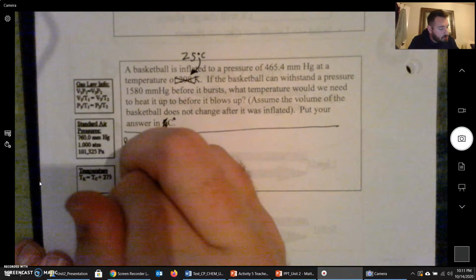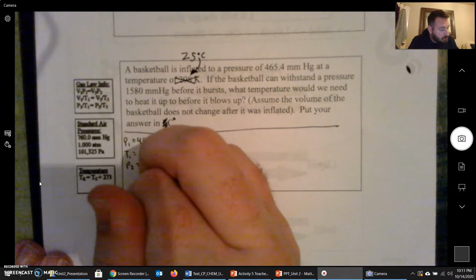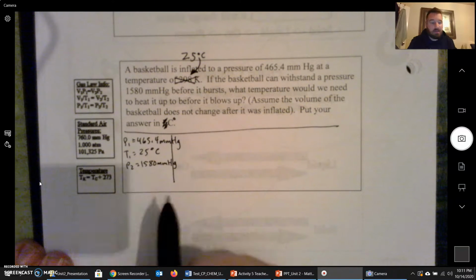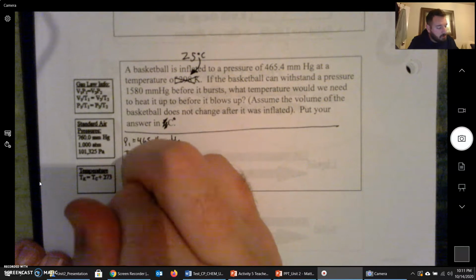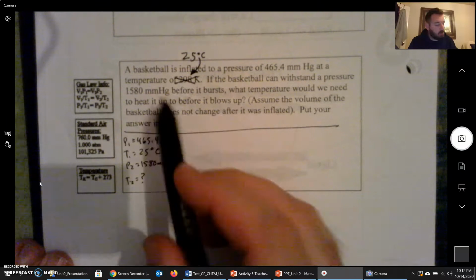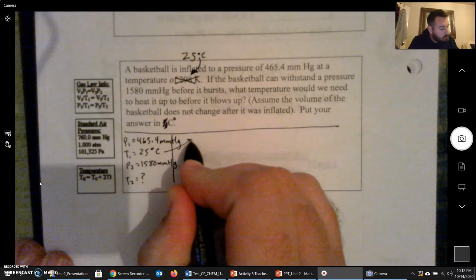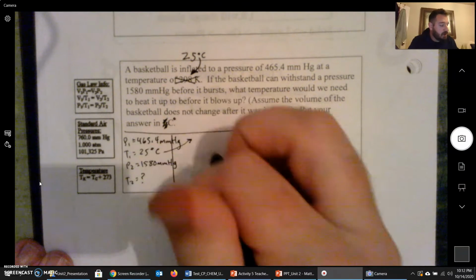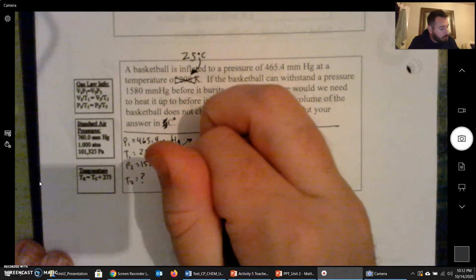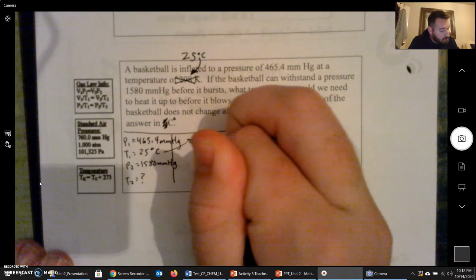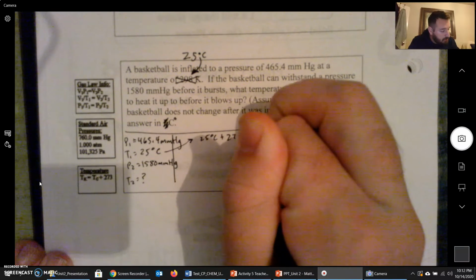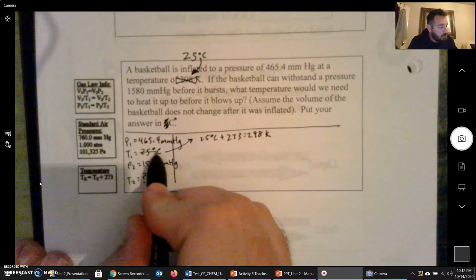My pressure 2 is 1,580 mmHg, and my temperature 2 is unknown. First thing I need to do is convert my temperature 1 to Kelvin, and this is the step that a lot of people missed. So I will do 25 degrees Celsius plus 273 to give me 298 Kelvin. It's my new temperature 1.